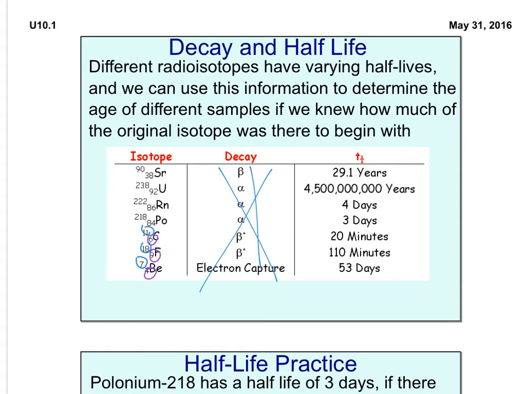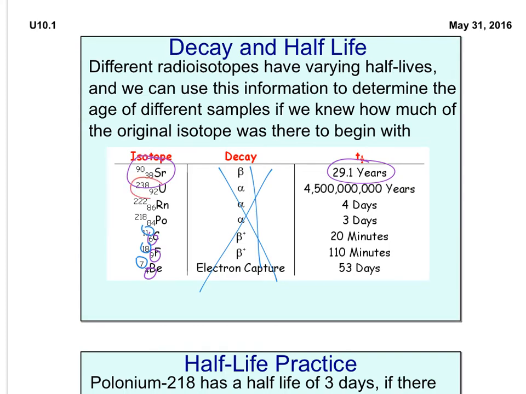But I want you to see here the range in the amount of time that half-life can have. For example here, strontium-90 has a half-life of 29.1 years. So when you have a sample of strontium-90, every 29.1 years, half of the strontium-90 in that sample is going to decay, go from unstable to stable, and emit radiation.